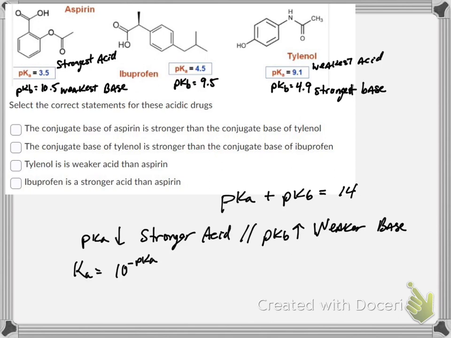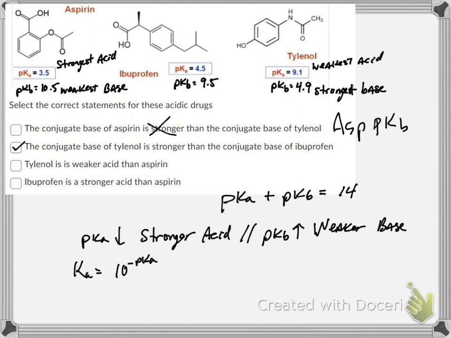No, that's wrong, primarily because aspirin has the weakest base because it's the strongest acid. Its pKb is much bigger, right? Aspirin's pKb is highest. The conjugate base of Tylenol is stronger than ibuprofen. Absolutely. It's the weakest acid, but it's got the strongest conjugate base.